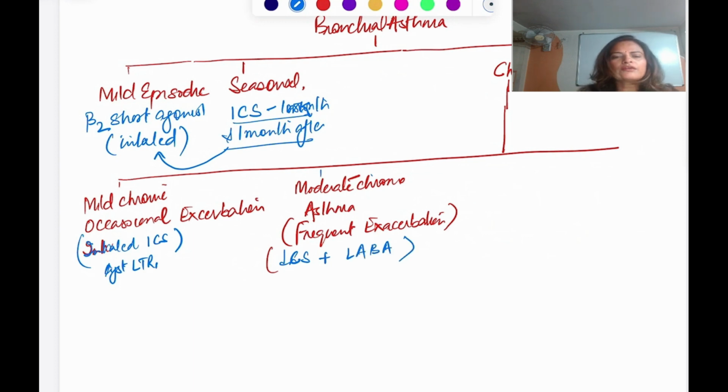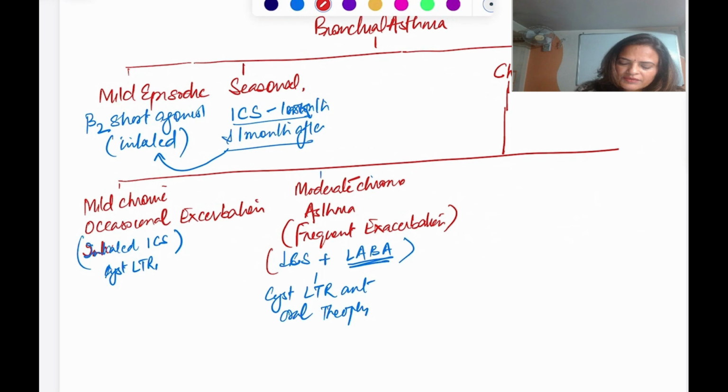This is in inhaler form, okay. And the alternative to this is that we can put the patient on a cysteinyl leukotriene receptor antagonist. We can give oral theophylline, okay.